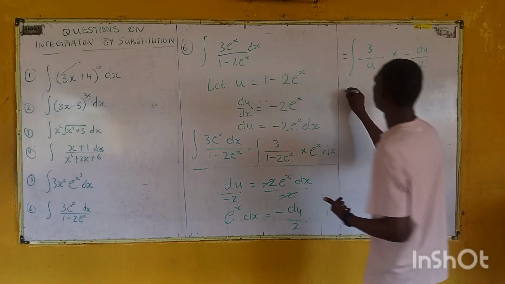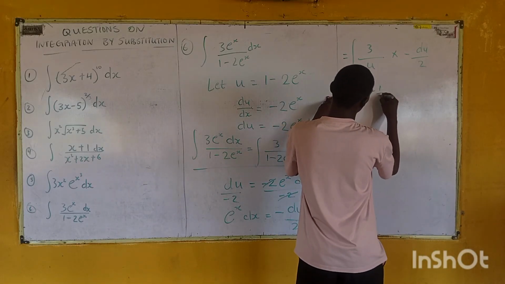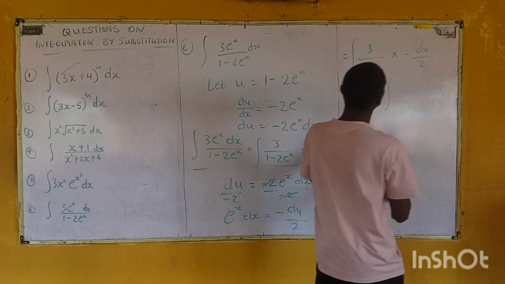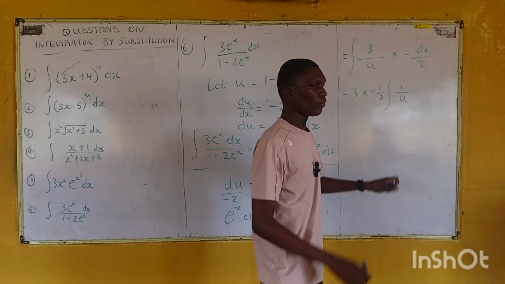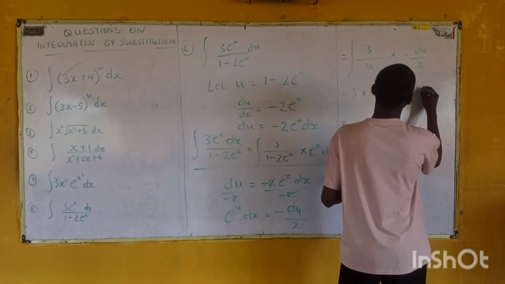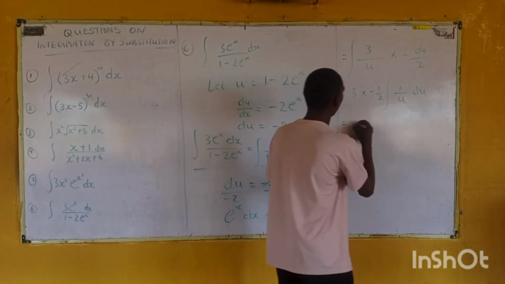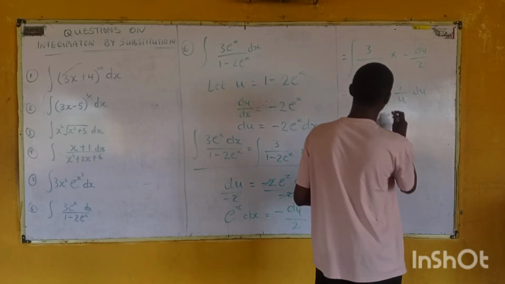This is equal to 3 multiplied by minus 1 over 2, the integral of what do we have left? 1 over u du. All right. So this is minus 3 over 2, the integral of 1 over u du.